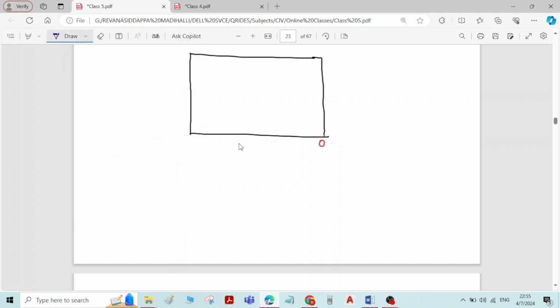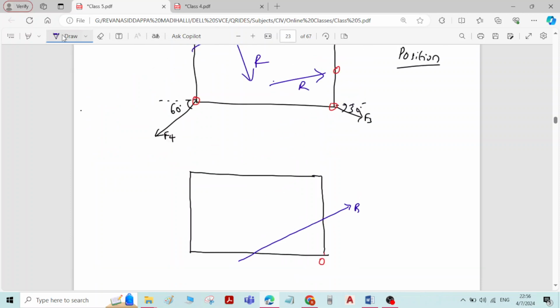Assume that this is how the resultant force is acting for the above system of forces.